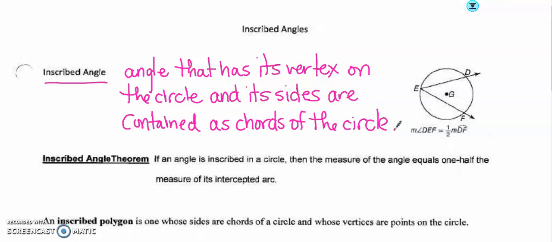So if you look at the circle over to the right, the inscribed angle is angle DEF.